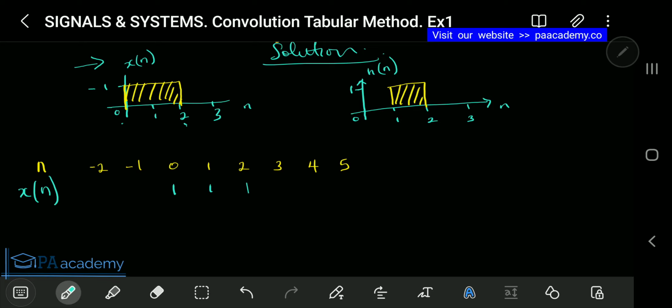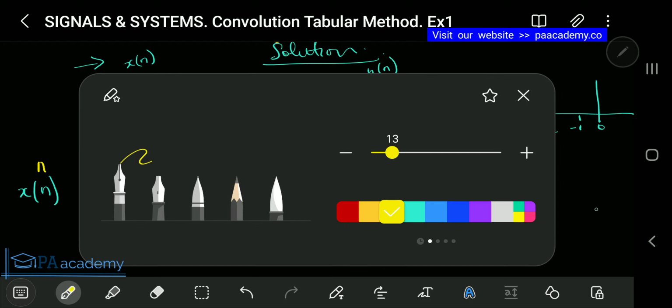By the time we flip it, or we can also say mirror, it's going to look like this. This is going to be 0, and here we're going to be having -1, -2, -3.